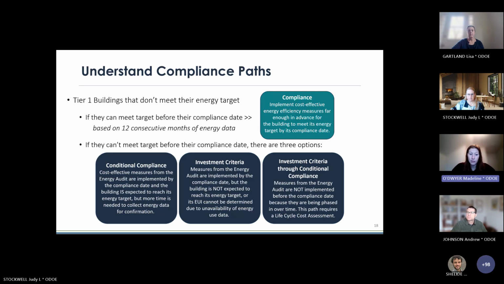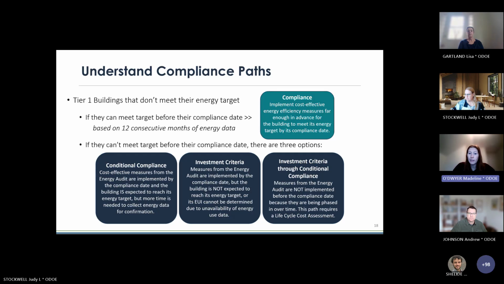There's conditional compliance. Conditional compliance is when you benchmark and your data shows that you are not meeting your energy target. You go through an ASHRAE level 2 energy audit, and from there you get a list of energy efficiency measures that show you how you can bring down your EUI to target.